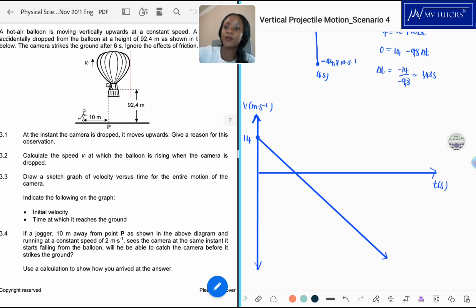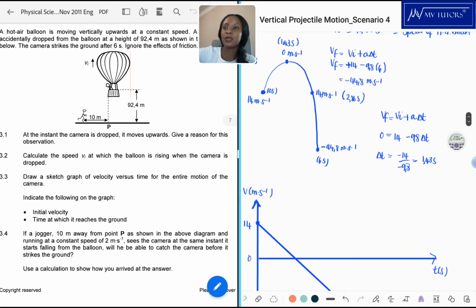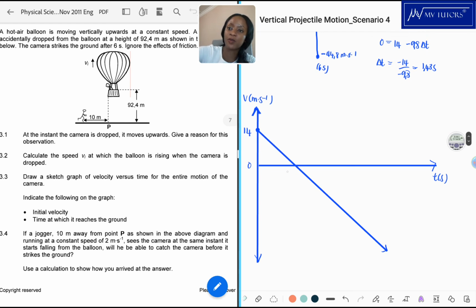All right, so we have 14 meters per second. Then it got to 0 meters per second at 1,43 seconds. Let's just say 1,4 seconds.